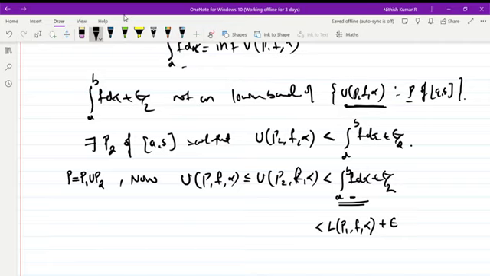Since P is a refinement of P1, it is less than or equal to L(P, f, alpha) plus epsilon.